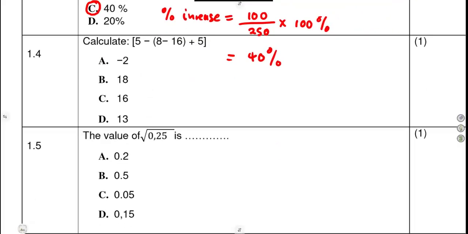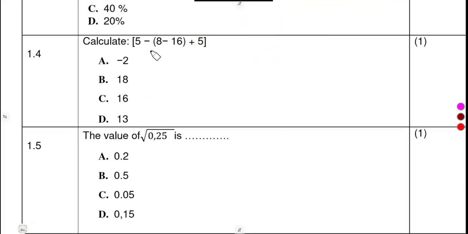All right. Calculate the value of this. You can also use your calculator to simplify this, guys. But just for the sake of revision, what is it that we have here? We can simplify. Remember our BODMAS. Brackets first. There are inner brackets there. So what do we have in the inner brackets? It's going to be 5 minus, we simplify what is inside, 8 minus 16, remember? That's negative 8, plus a 5.